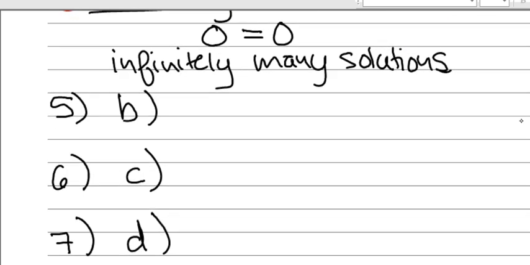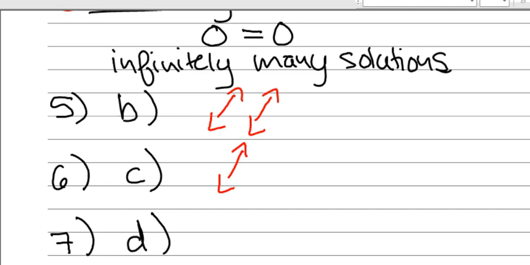Now 5 through 7 are multiple choice. So 5, if two lines are parallel, then the system of equations will have B, no solution, because they are two lines that never meet. 6, if the two lines are the same, then the system of equations will have infinitely many solutions.